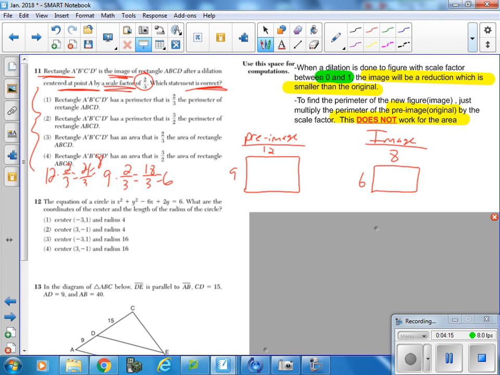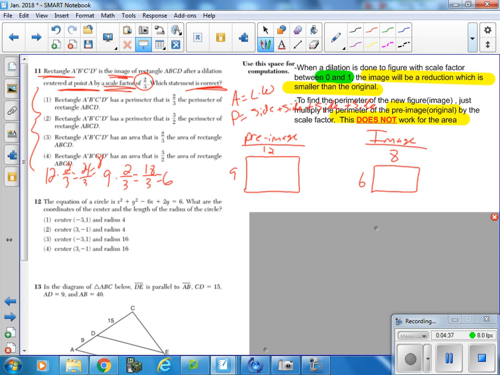I want you to write this down. Area is equal to length times width. Perimeter is equal to side plus side plus side plus side, in a rectangle at least. It's just add up the 4 sides. That's all it is.